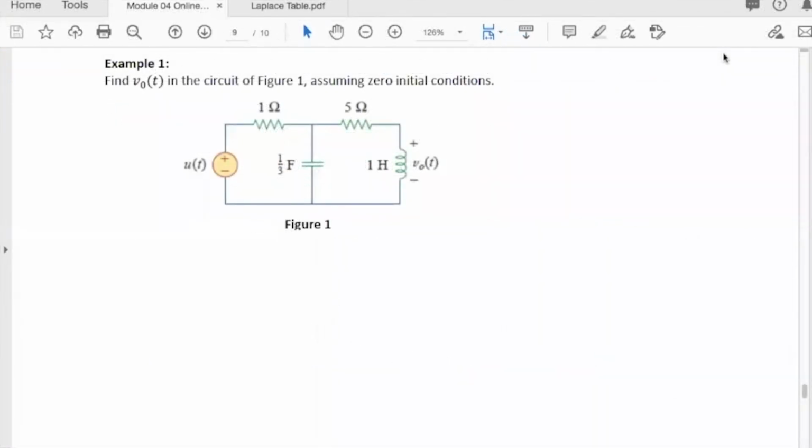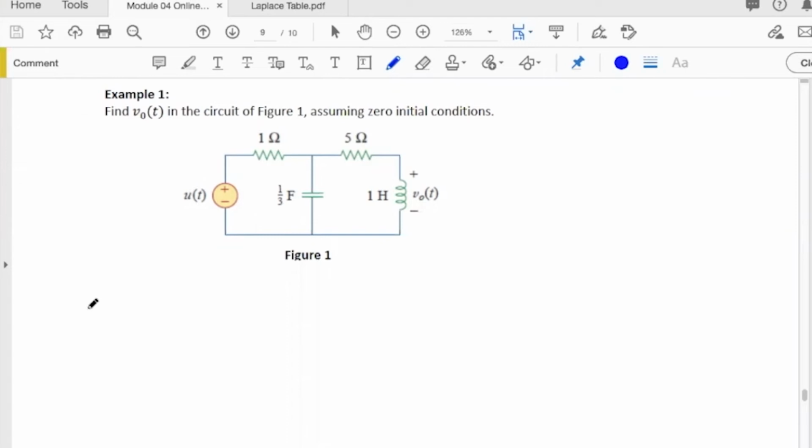Now we look at an example of a circuit problem. Consider we have a circuit problem given in figure 1. We need to find the value of V naught. The first step that we can do is apply Laplace transforms on each of these circuit elements.